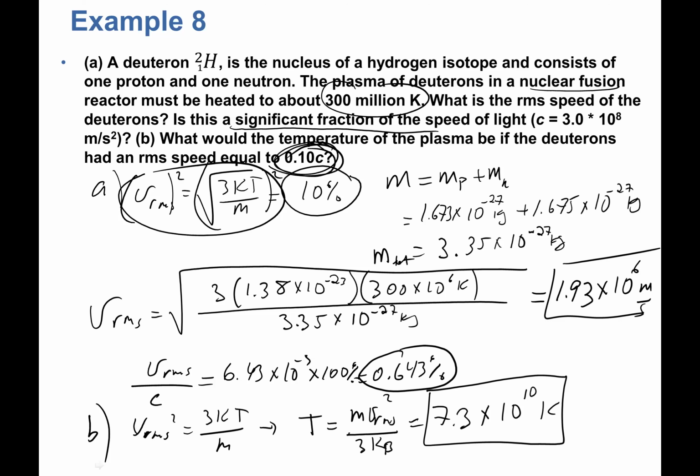When the temperature is 300 million Kelvin, it was only moving at about 0.6%. To move at 10%, you need 73 billion Kelvin as a temperature. All right, guys, so this concludes chapter 15.